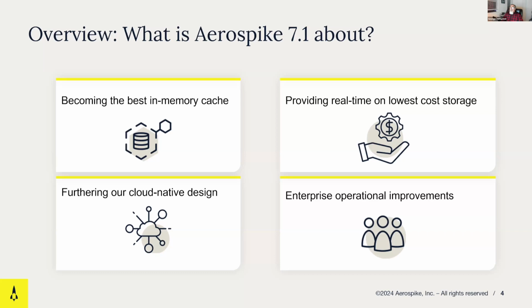The other area is in support for NVMe-compatible block storage over a network. So that could be a network-attached storage, or it could be a cloud storage service like AWS Elastic Block Service.